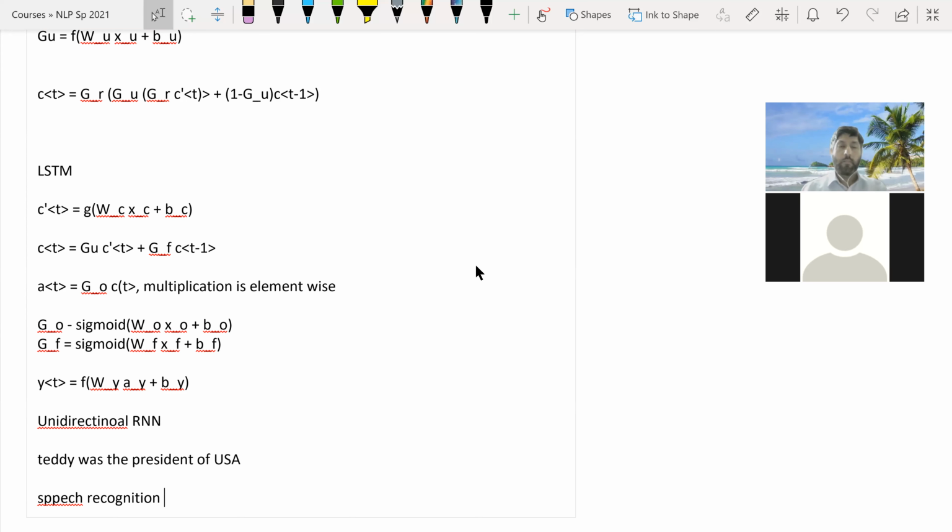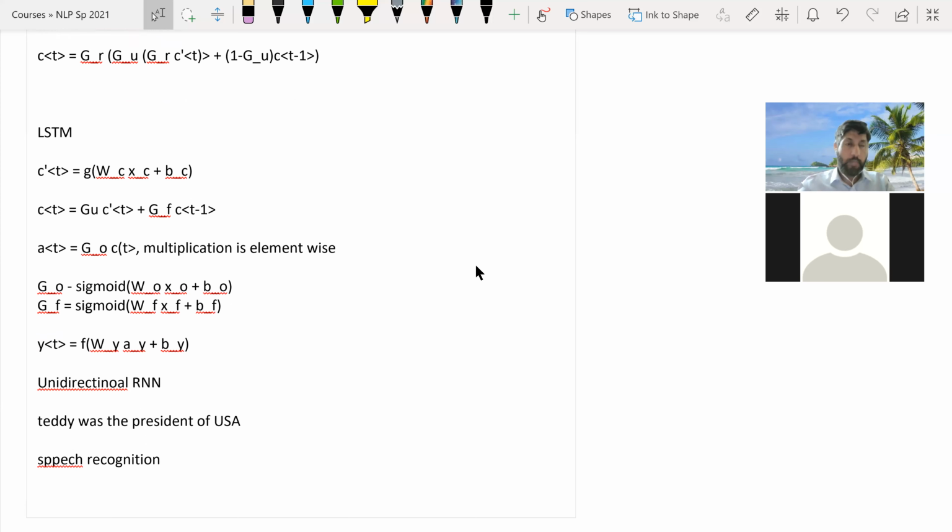Okay? But as I said, if you're doing real-time speech recognition or text transcription or something like that, obviously you will not know what is going to happen afterwards. You will only have information that has passed. So for that, a standard unidirectional recurrent neural network will be fine.